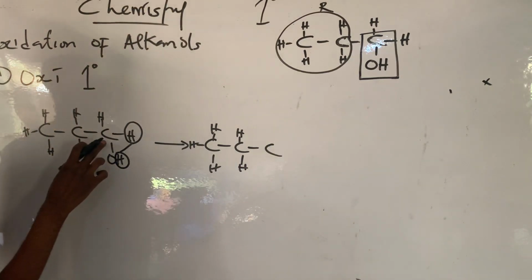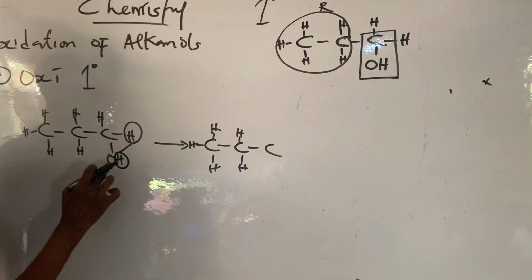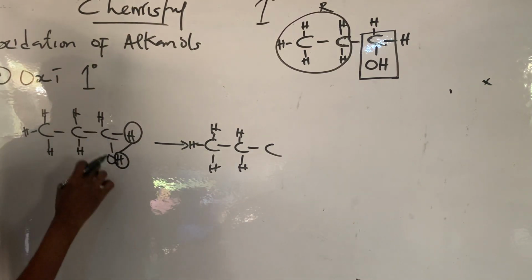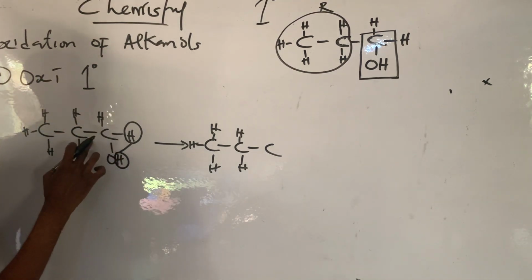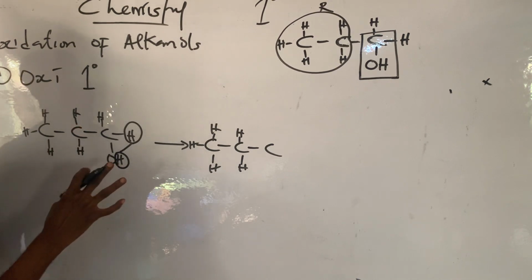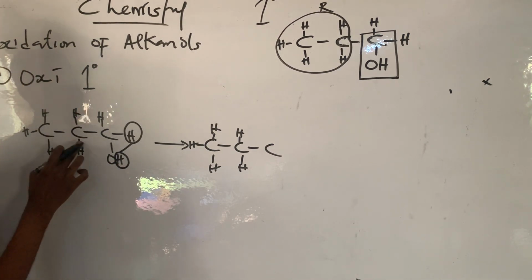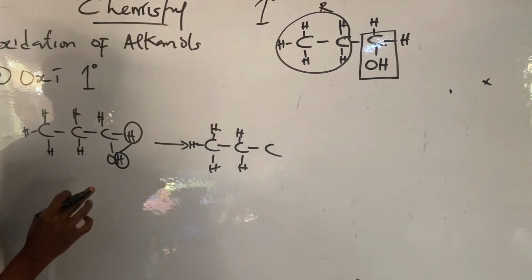Now, for the third carbon, you have removed this hydrogen and hydrogen, so you are left with oxygen and hydrogen. Remember in our previous classes, we said this bond represents electrons, and I explained why you have 4 bonds surrounding every carbon. Please check my previous class.